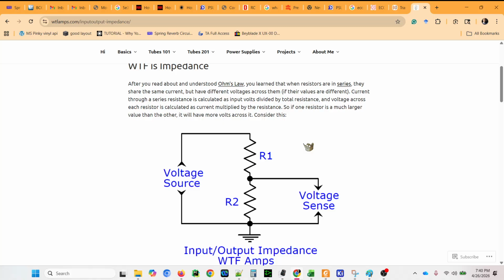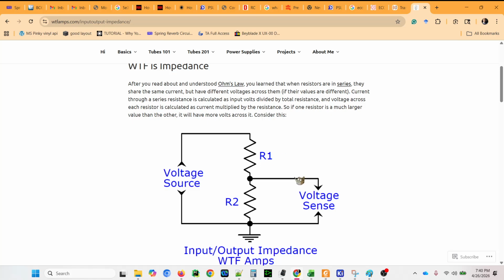Now, your output impedance from your tube preamp and the input impedance from the gear you're plugging into create something called a voltage divider. If we go back to the first video, we actually covered voltage dividers because we use voltage dividers in order to create volume knobs.